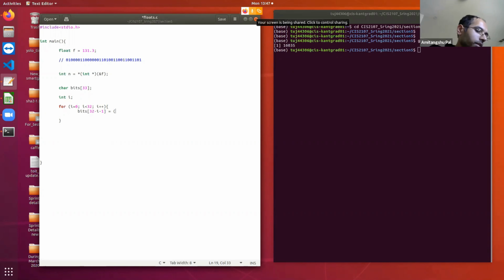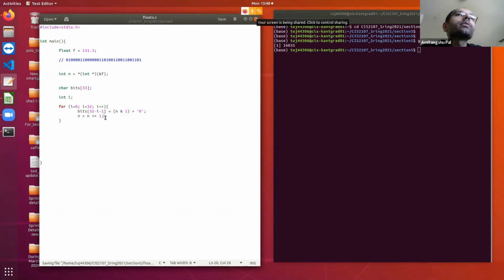And then I'm taking n bitwise and 1, plus ASCII value of 0. This plus ASCII value of 0 is because I'm basically converting it from numeric value to character value. And then in every step, I'm right shifting n by 1 bit.